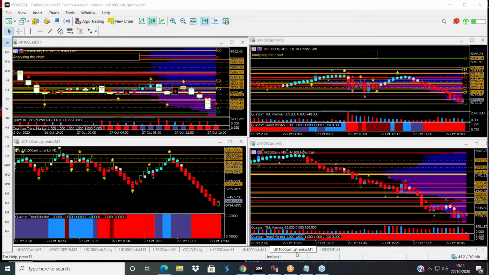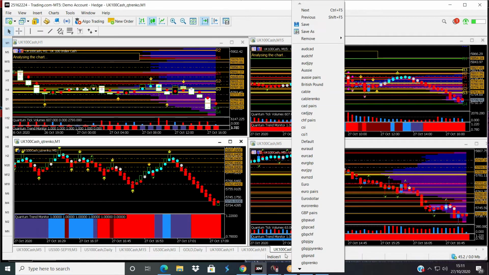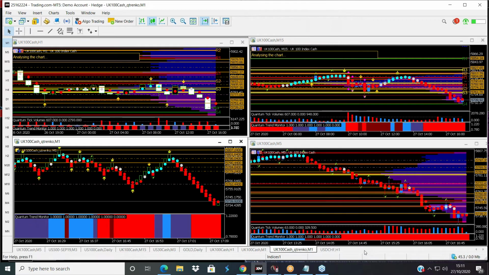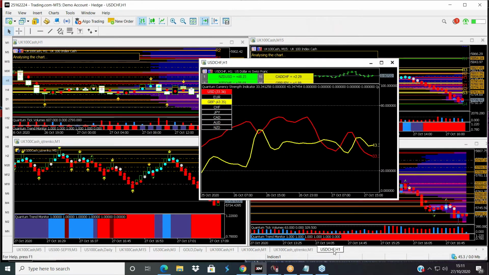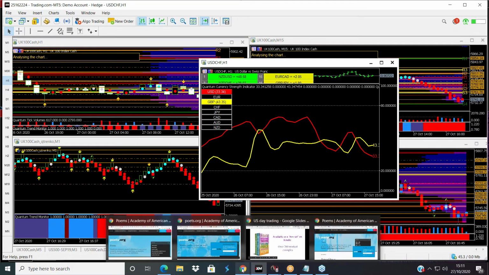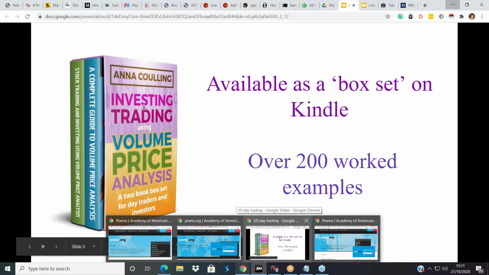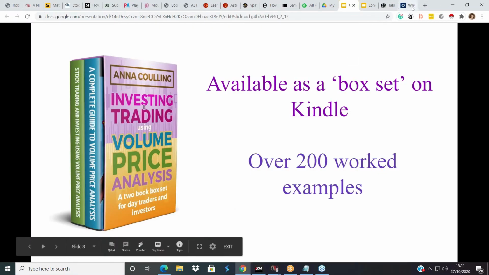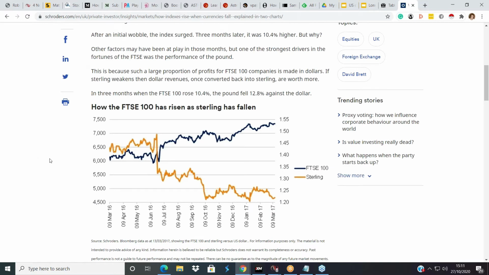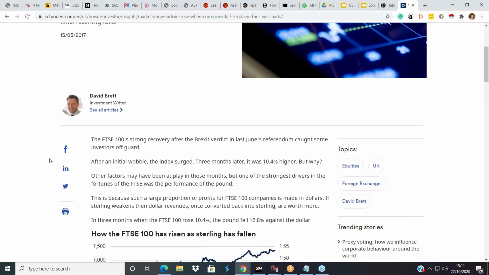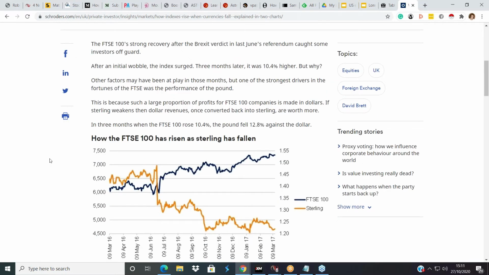by looking at the Forex market, let's have a look here. Here we are. How that can help you with potentially what is happening in the stock market, in an index. An index is just a reflection of the stock market. Now, back in 2017, I believe, let's have a look if I've got it here. Yep, right. And I've deliberately chosen 2017 because this is what it used to be.